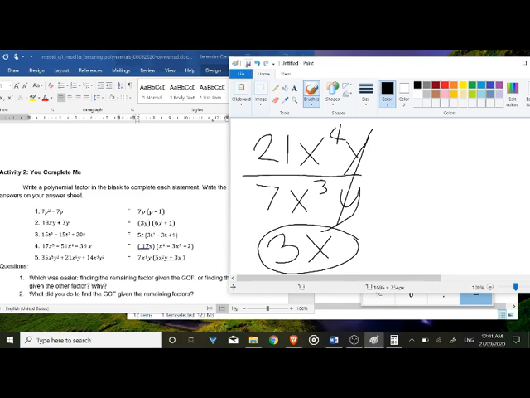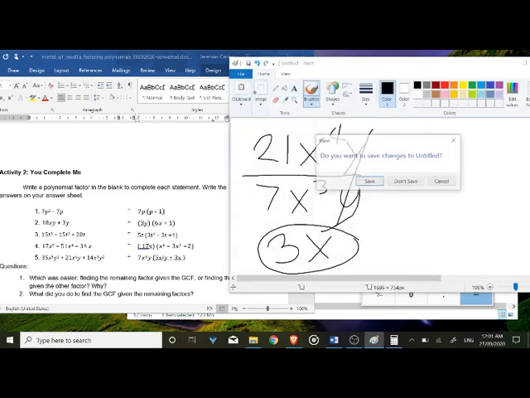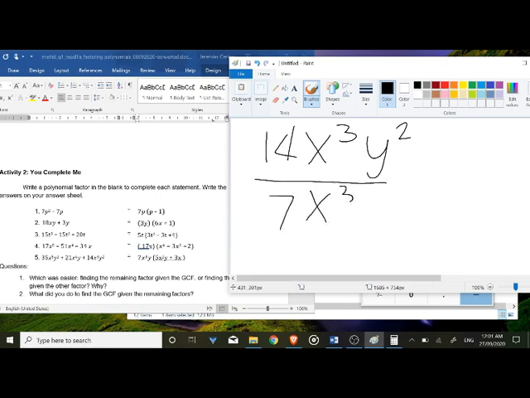Then we have the third term. Same process po. 14x cubed y squared divided by 7x cubed y.